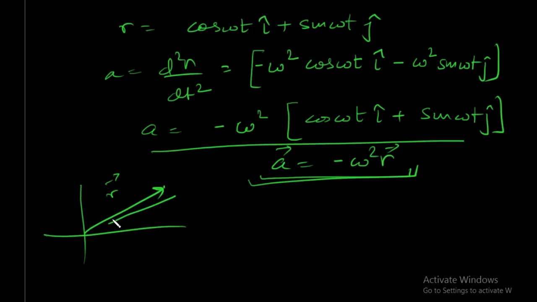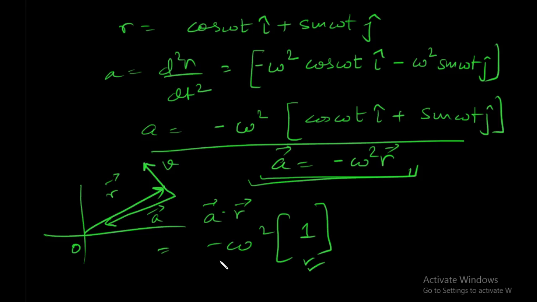This means a is directed along the center. A is pointed towards the center and velocity is perpendicular to r. A is just anti-parallel to r. There's no questioning that, because if we calculate a dot r, we have minus omega square, cos and cos will be cos square, sine and sine will be sine square, cos square plus sine square means 1.